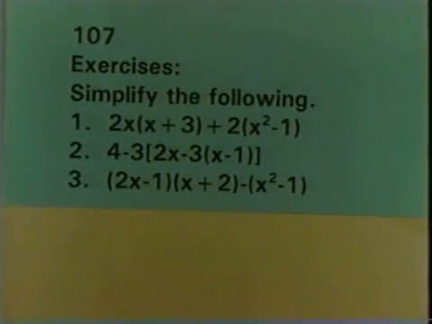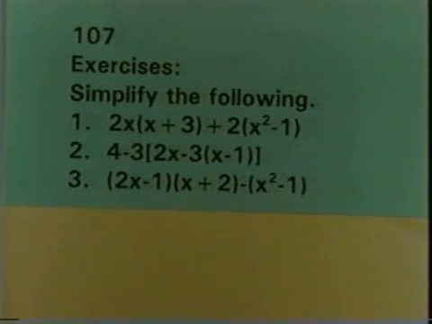Simplify the following polynomials. The first one, 2x times the quantity x plus 3 plus 2 times the quantity x squared minus 1. The second one, 4 minus 3 times the quantity 2x minus 3 times the quantity x minus 1.